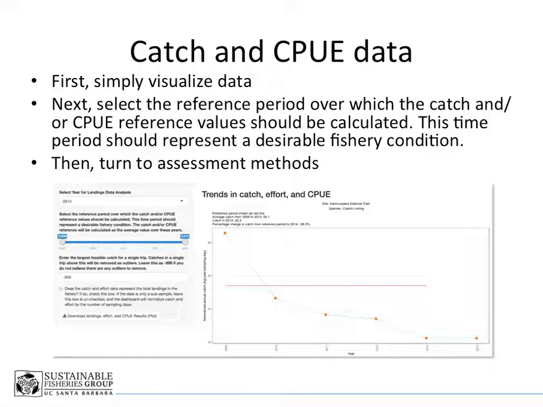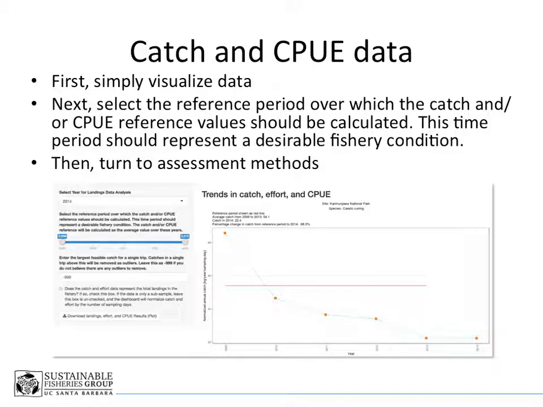This time period should represent a desirable fishery condition. So essentially, we want to look historically and see which years were desirable fishery states, and we'll select those years using the options to the left. Then we'll see how our current catch or catch per unit effort compares to that reference period.